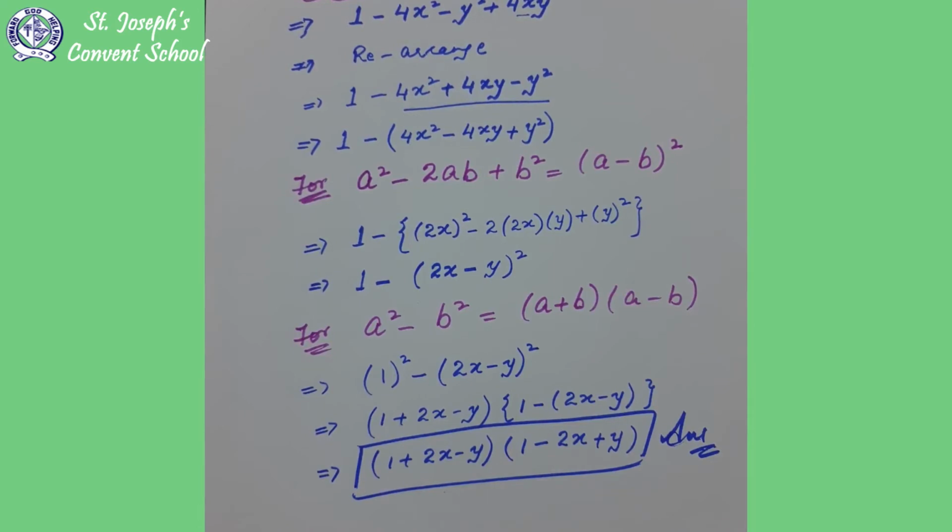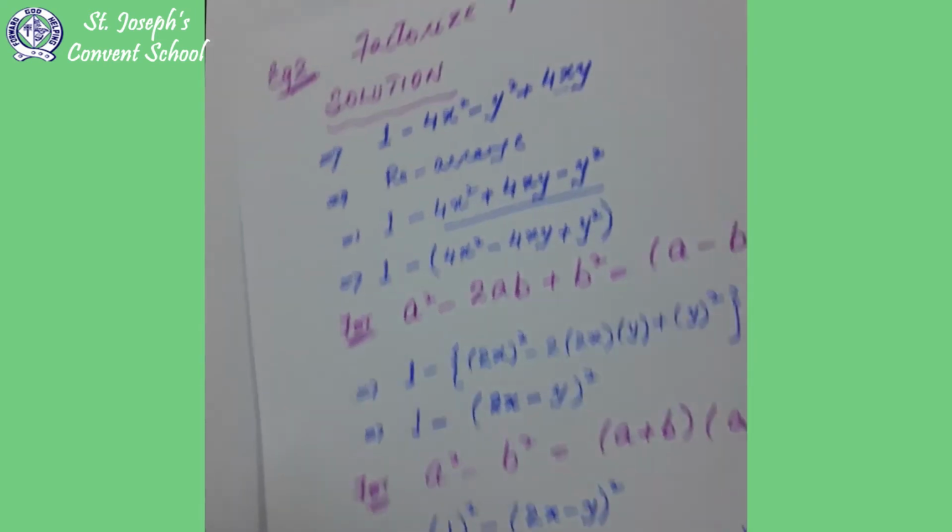Arrange the question according to the formula, change it into a plus or minus b the whole square form, and in the second step compare the question with a square minus b square and answer in a plus b and a minus b form. So we have applied two formulas.